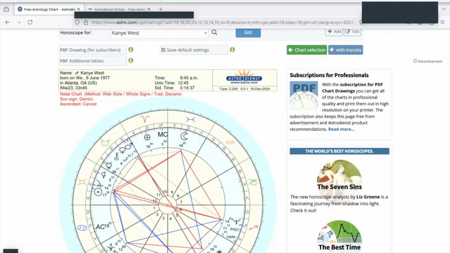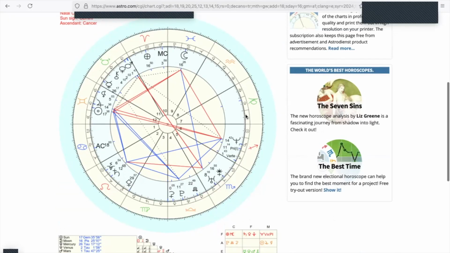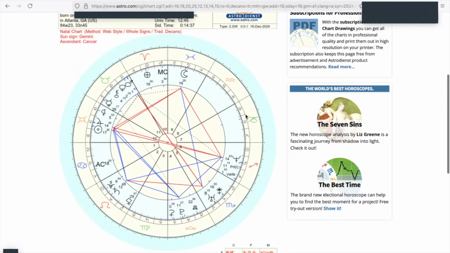The planets make up his personality. So we have the sun here, we have Jupiter here in his 12th house. We have Mars here in this 11th house. We have Venus here in this 11th house. We have Mercury here in this 11th house.